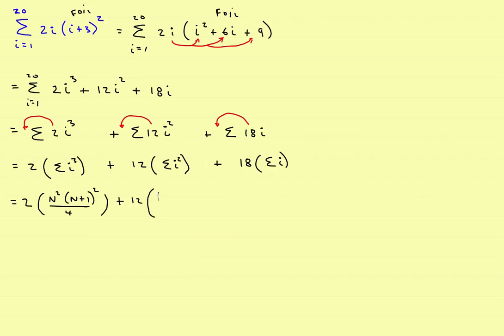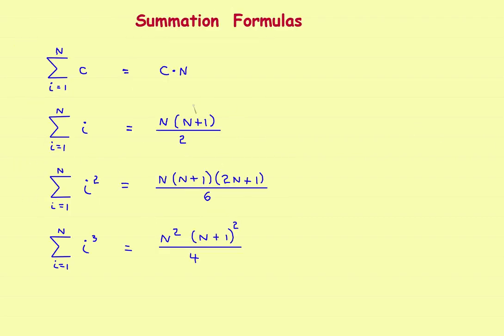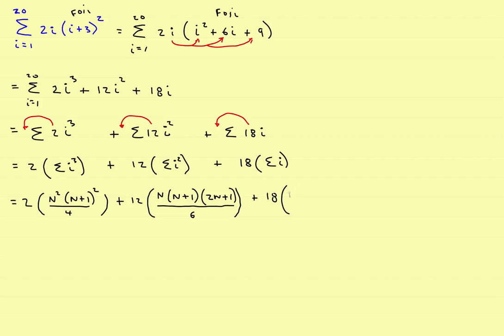And then finally, you've got 18 times the formula for the summation of I, which is n times n plus 1 divided by 2.